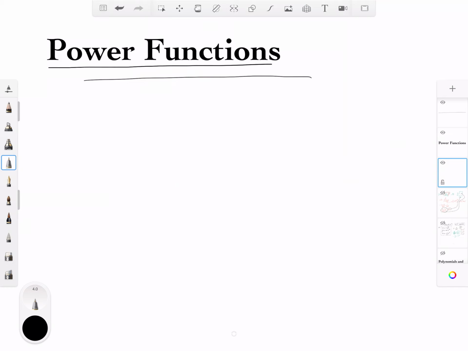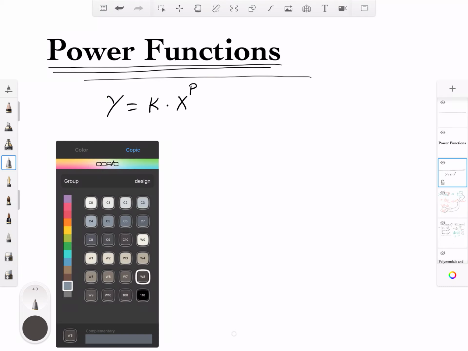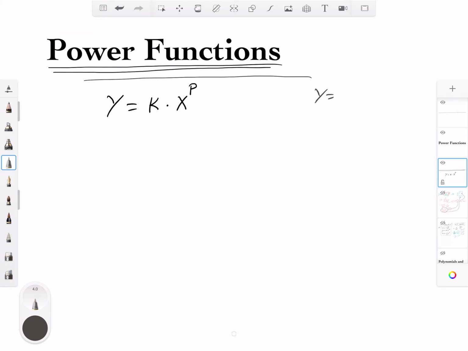So, the power function: y equals k multiplied by x to the power of p. For y equals mx plus b, the first thing we learned, we know it is a line. The line might have a positive or negative slope, or be vertical or horizontal.